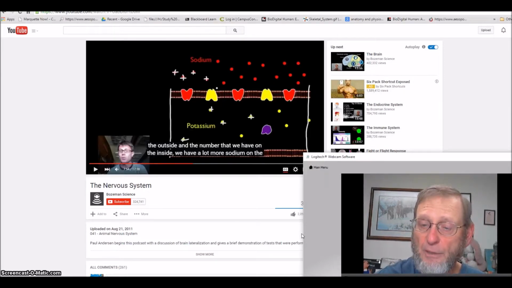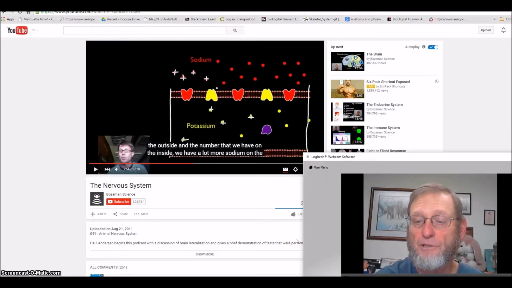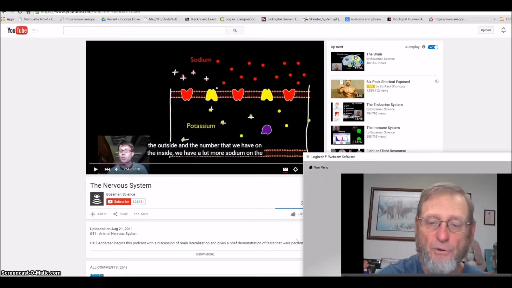Your brain is surrounded by cerebral spinal fluid. Your joints are encapsulated in synovial sacs, with synovial fluid. But where do these fluids come from? They come from leaky capillaries. They are plasma that leaks out of capillaries, and then that plasma delivers the nutrients to the cells, and it also carries the wastes away.